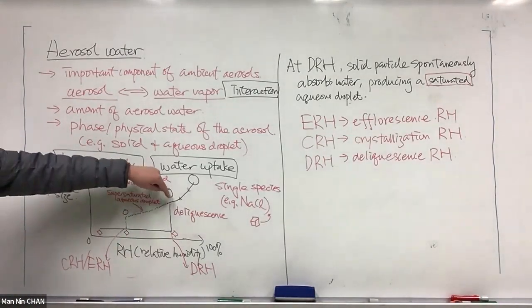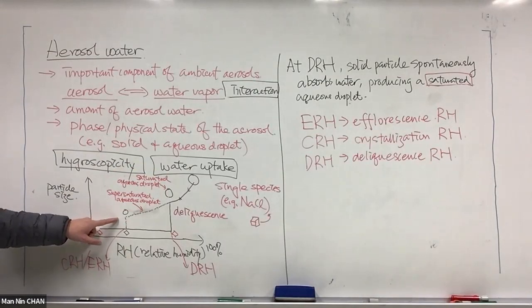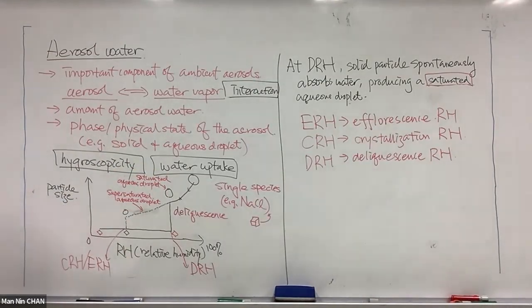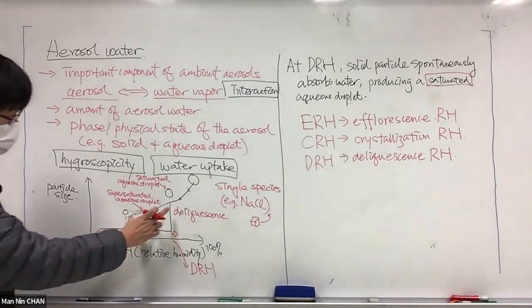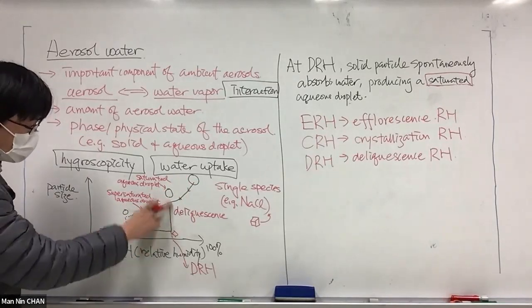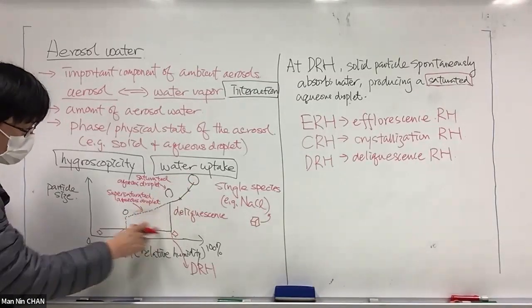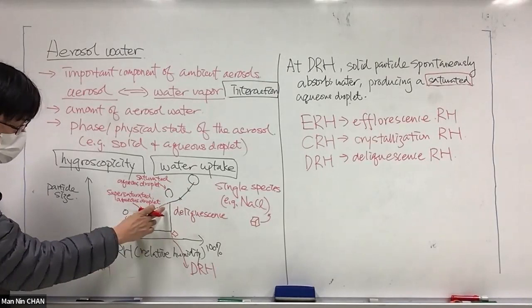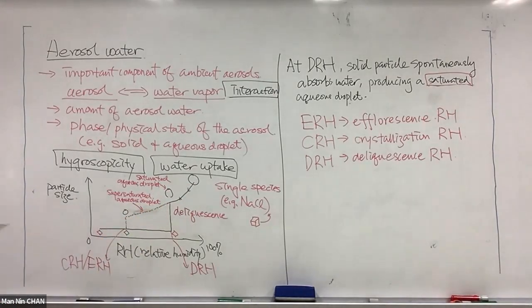And then after a certain high concentration, the crystallization can happen. Ideally, you think that when you are decreasing, you also follow the same line, right? But this is not the case. There's another term we call hysteresis.